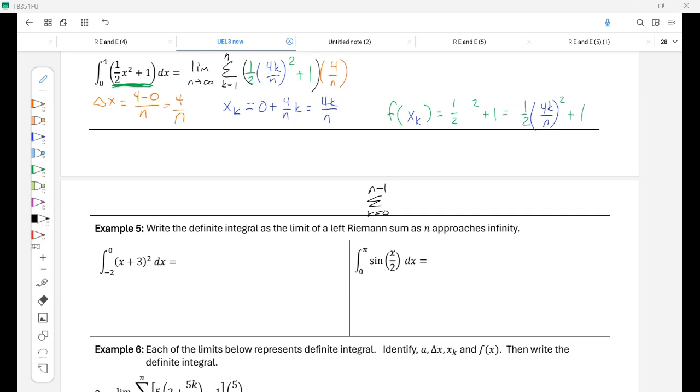Let's take a look at what we have here. We're taking the integral from -2 to 0. So the first thing we need to figure out is our delta x. That's easy. That is just b minus a, so 0 minus -2 over n, which is just 2 over n.